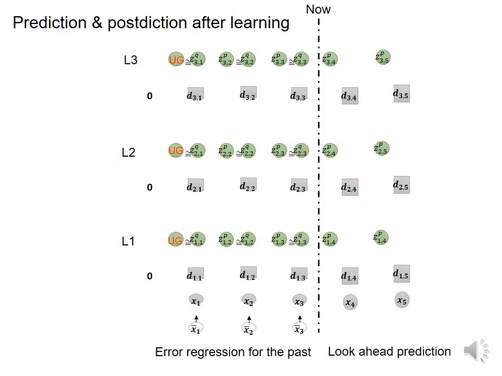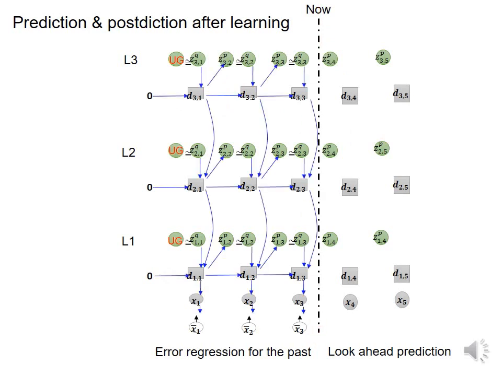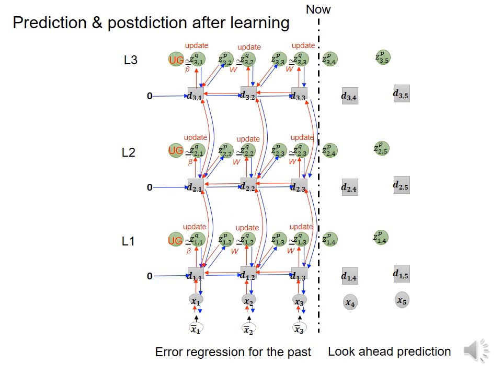After the learning, with the synaptic weights fixed, we do the prediction and postdiction in an online manner. So this is the past window, and this is the future window. Now is here. Then we have a reconstruction of the observed sensation, and if the error propagates, it updates the posterior for each step in each layer.